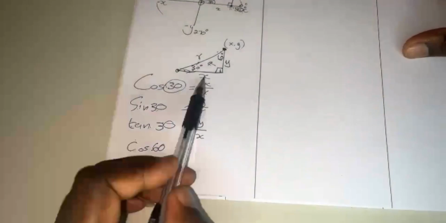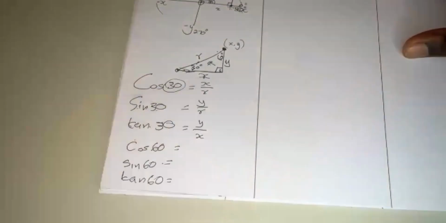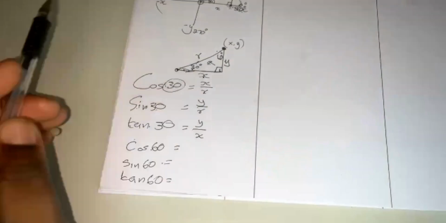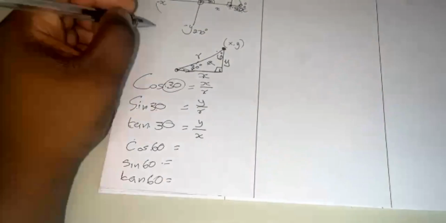Without changing these letters, the first thing that we must understand is to choose the opposite and also the adjacent, or the x and the y. And how do we choose the x and the y? We look at the angle 90 degrees in a triangle, which is this one. And then we look at the angle that we have used.